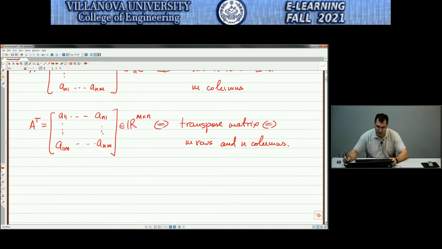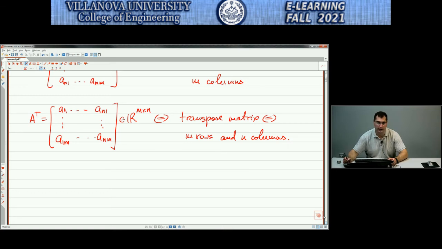If A and B matrices are of the same dimensions, in other words, they're n by m, you can add them or subtract them, multiply them by numbers, and add them up again.